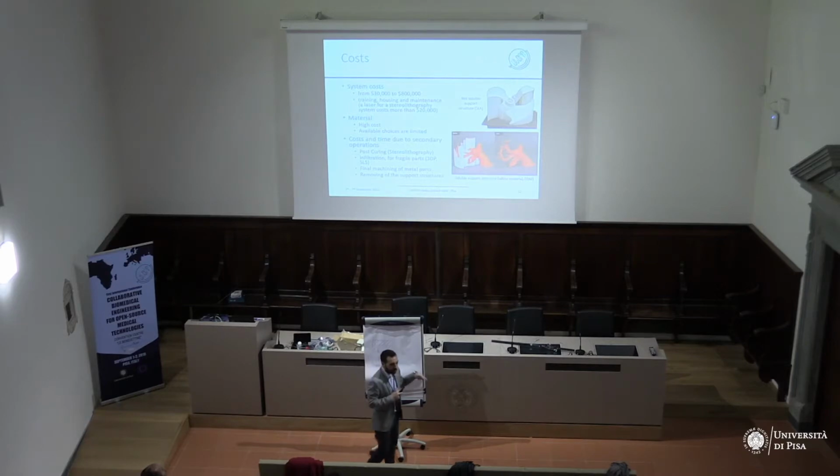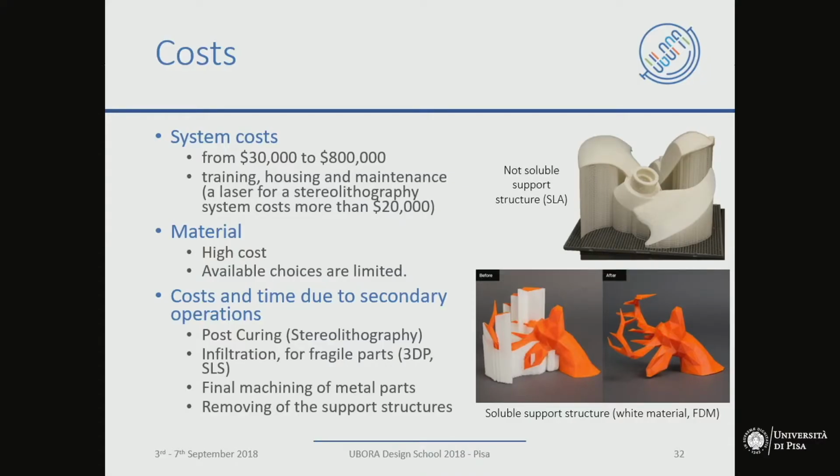Downstairs we have two printers. They cost around 1,000 euro each. But professional printers used to cost 30,000, up to 100 or 200,000 euros. So the cost of the system is an important cost. The cost of the material is an important cost.